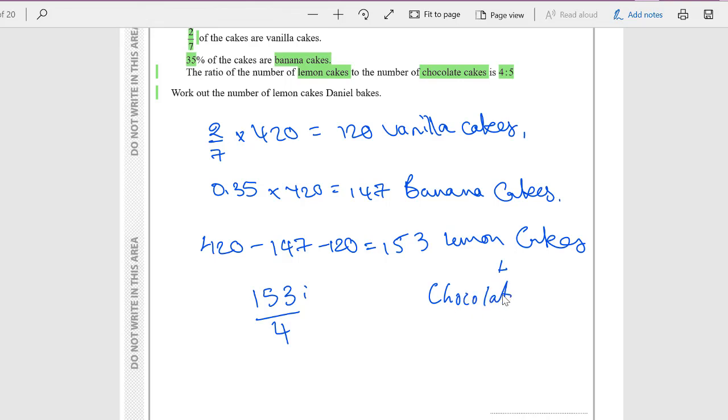So there are 4 lemon and 5 chocolate. So that should be 9 because it's 9 parts, which gives us 17. And we know that lemon has 4 parts and chocolate has 5 parts.